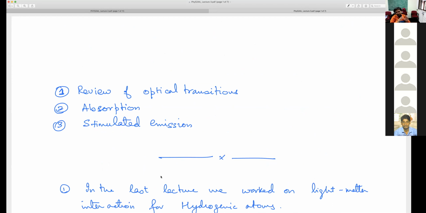Now, what is matter? Atoms, molecules, multi-electron atoms, more complicated molecules, quantum systems, quantum materials, condensed matter systems, and so on. That's just different, but the essential idea will remain. Light will couple with matter by its momentum, so P minus eA, and I'll do a perturbation theory of that.